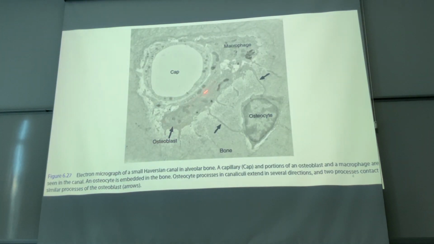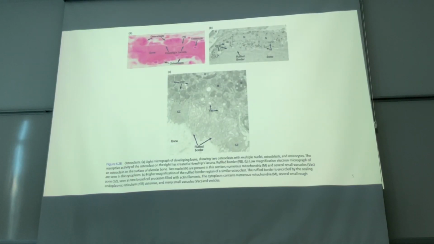Again, you can see the osteoblast in this part, and after being completely covered with their own extracellular matrix, they change into osteocytes, and osteocytes extend their cell processes into the canaliculi and connect with neighboring osteoblasts or osteocytes. And here you can see our capillary can be present in the osteoid, in the Haversian channel.